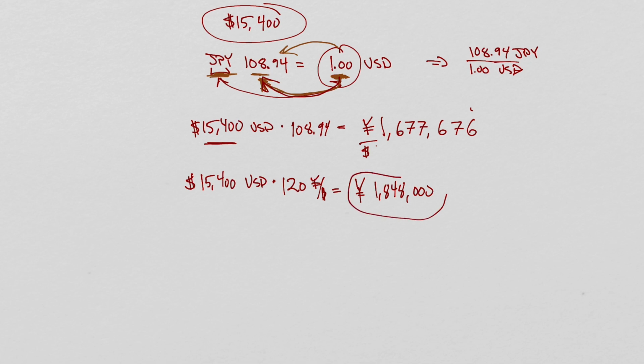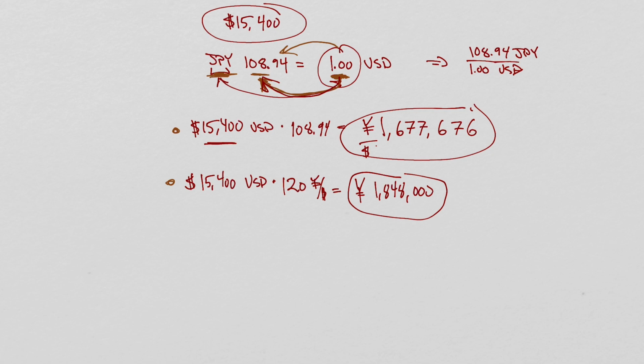But my question is, is this good or bad in terms of the value of the Japanese yen? The question of whether the Japanese yen has increased or decreased in value, I guess you can look at it from the perspective of the US person here.